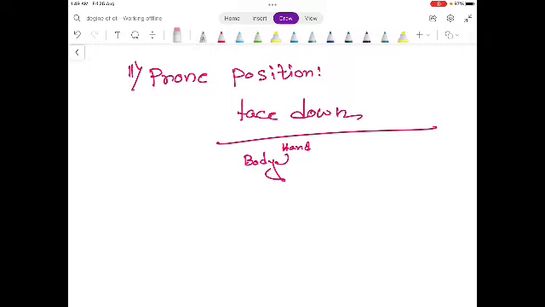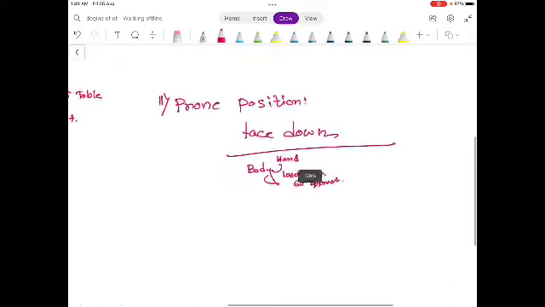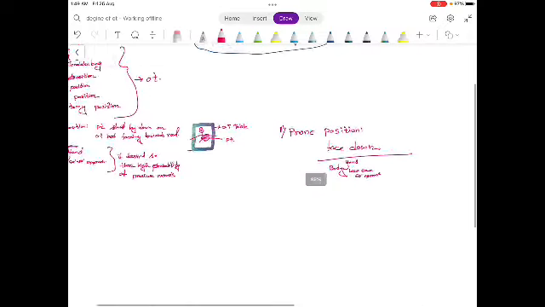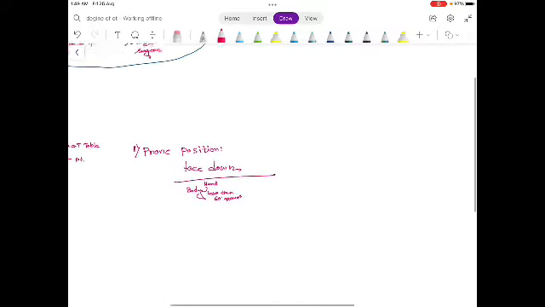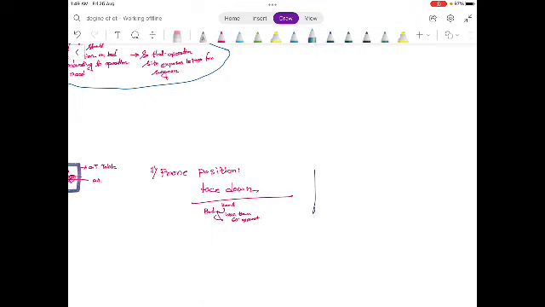Not exactly 70 degree, it would be lesser than 60 degree approach, because the reason is the same.